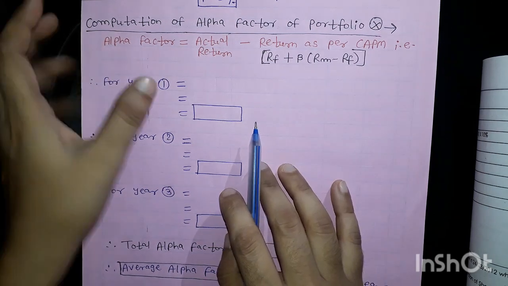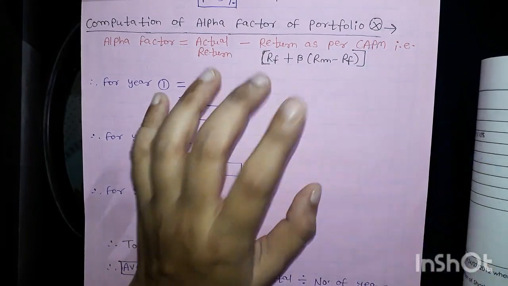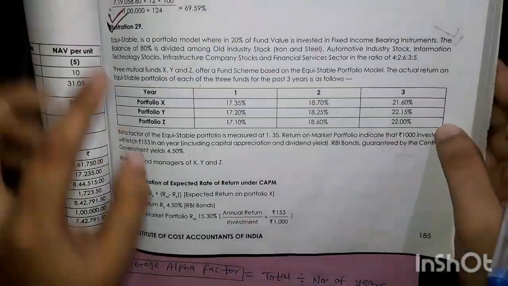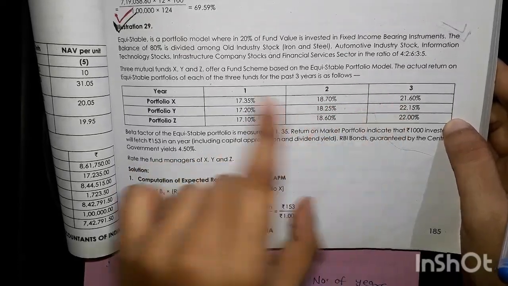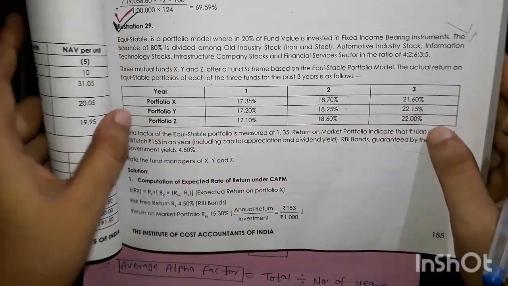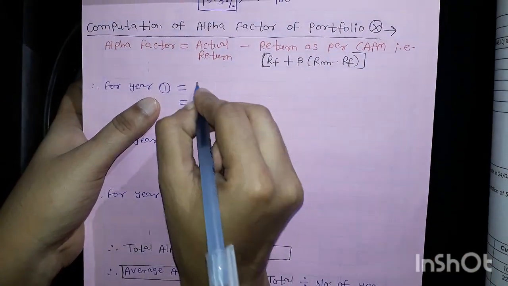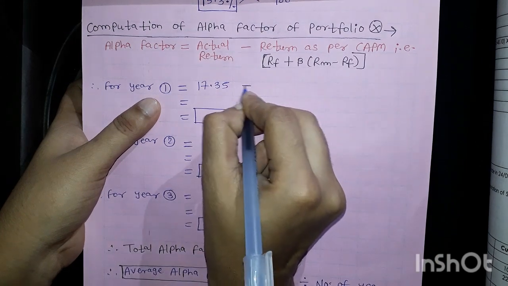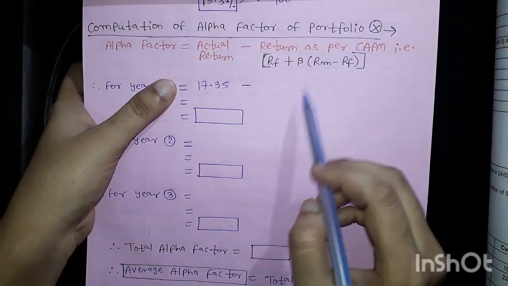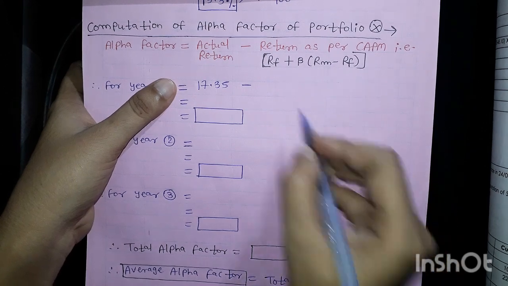In the first year, for portfolio X, actual return is 17.35%, minus RF plus beta (RM minus RF).